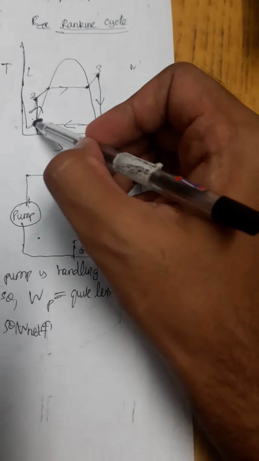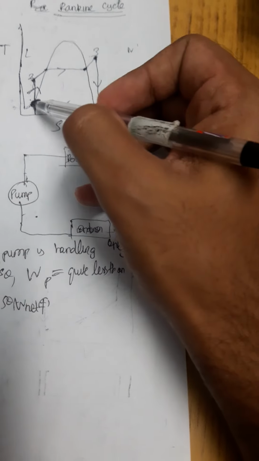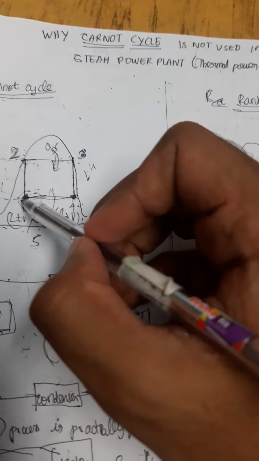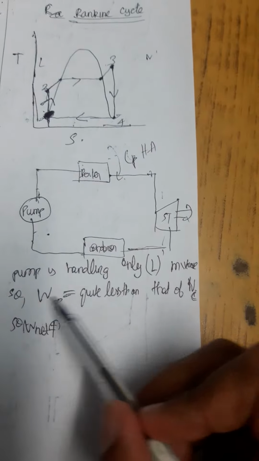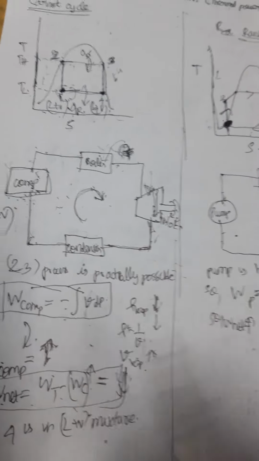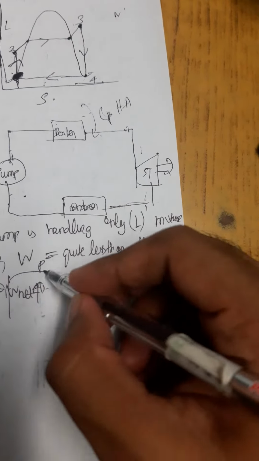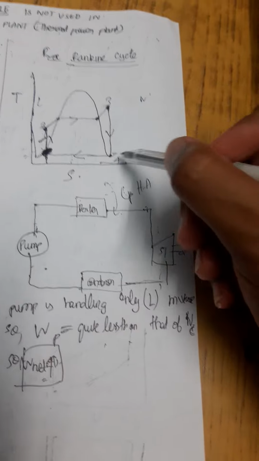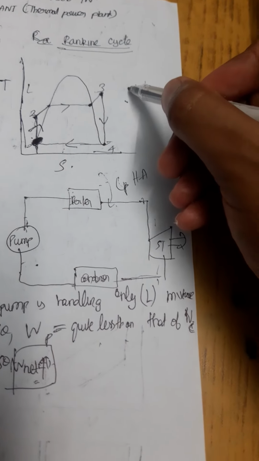Here the pump handles only liquid, but in the Carnot cycle the compressor is handling both liquid and vapor mixture. So the work done by the pump is quite less compared to the Carnot case. So the net work done is going to be pretty high, or in other words I can say that I will get much better power output in the Rankine cycle compared to the Carnot cycle.